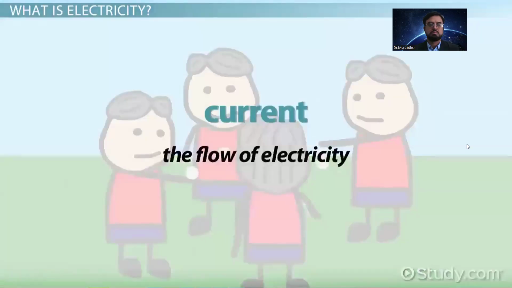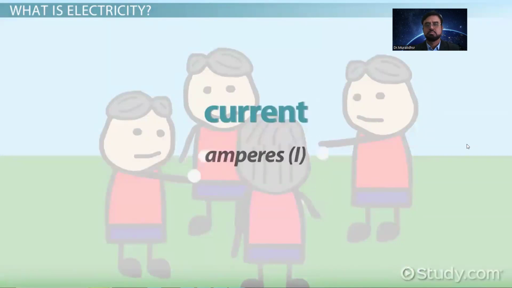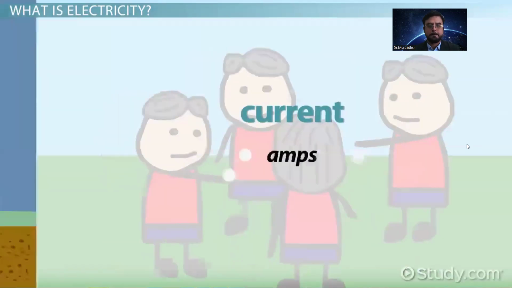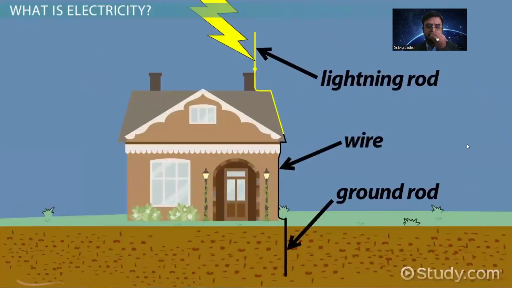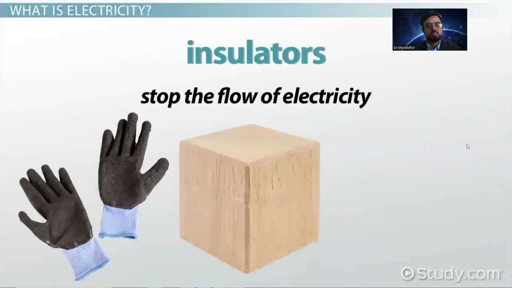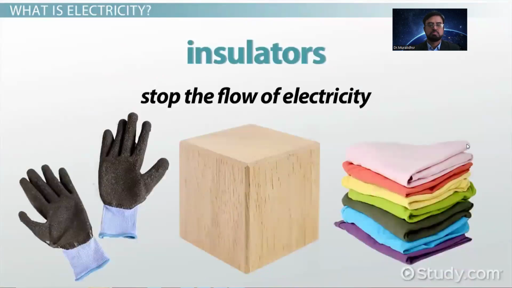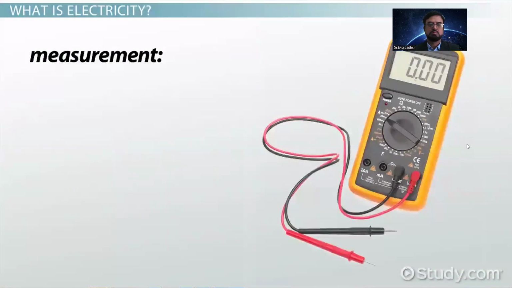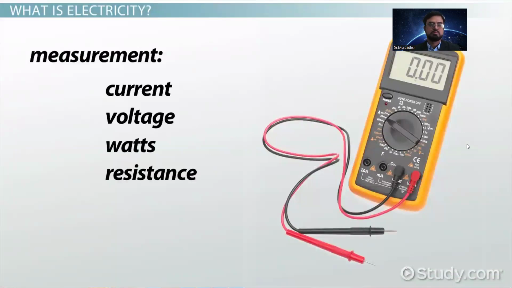The flow of electricity is called a current, which we measure in amperes, I, also known as amps. Conductors like Franklin's metal lightning rods easily carry electric currents, while insulators like rubber, wood, or cloth stop the flow of electricity. Besides measuring electricity's current, we also measure its voltage, watts, and resistance.